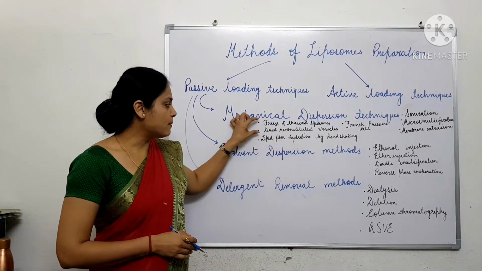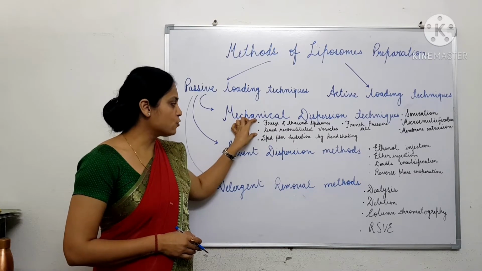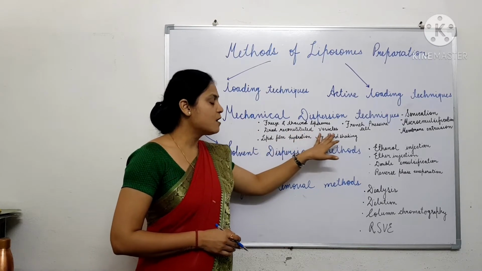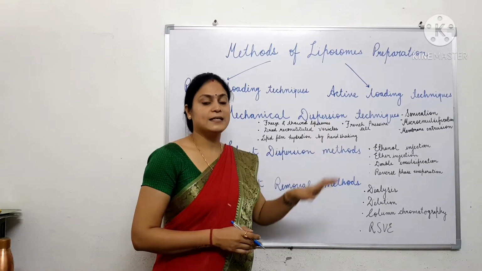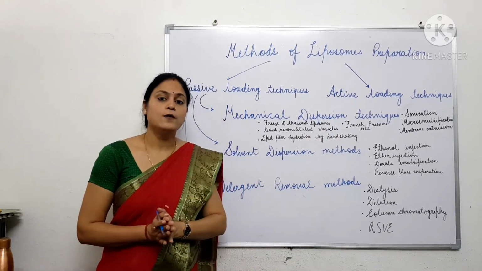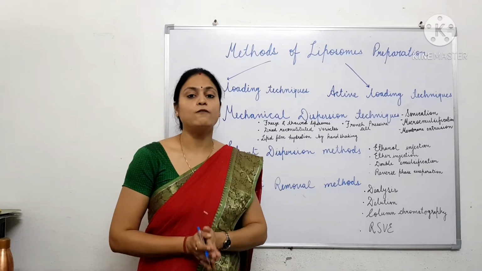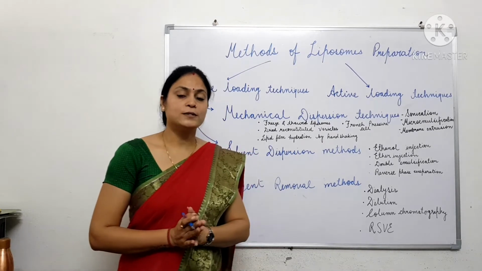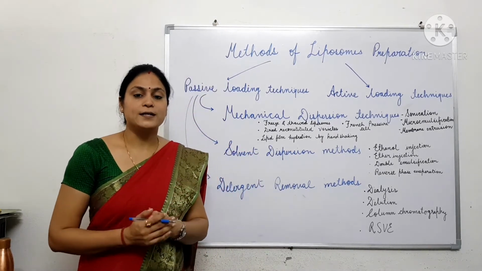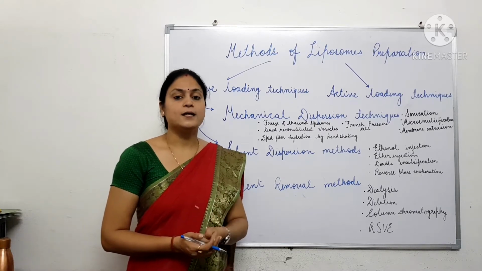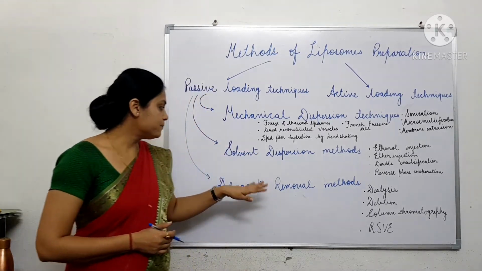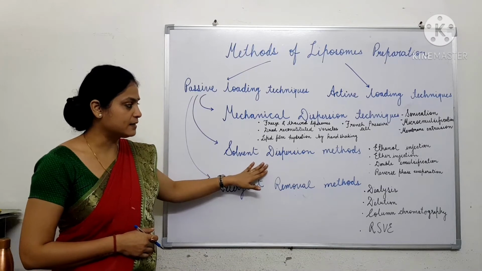Then these two methods, freeze-thawed liposome and dried reconstituted vesicle, have an objective of enhancing the drug entrapment efficiency of liposomes so that more quantity of drug can be incorporated in the liposomes. Then solvent dispersion methods.